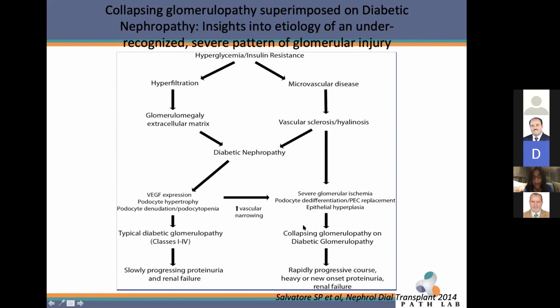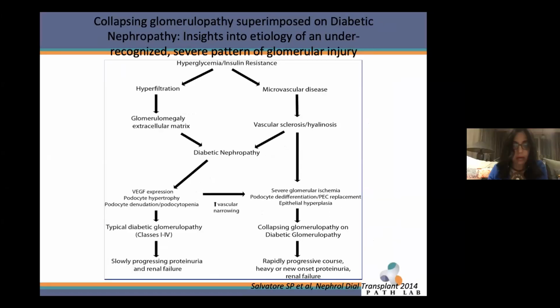So always bear this in mind. This is not always your primary FSGS. Clinically, the patient will present with the same presentation, sort of acute nephrotic syndrome and acute renal failure. But these patients have severe ischemic insult rather than an underlying FSGS. And diabetes can cause severe ischemic insult.